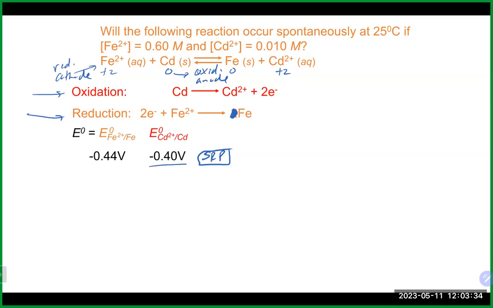If you simply went by the values in the table, you would be wrong if you chose the more positive one. So you want to make sure that you look at the actual equation. In this case, for sure, the part about oxidation and reduction will not be given to you. We should also recognize that these concentrations are not 1 molar, which means we're in non-standard conditions.